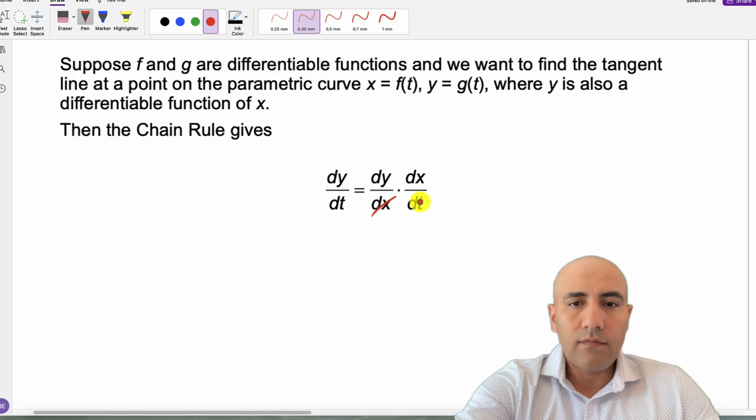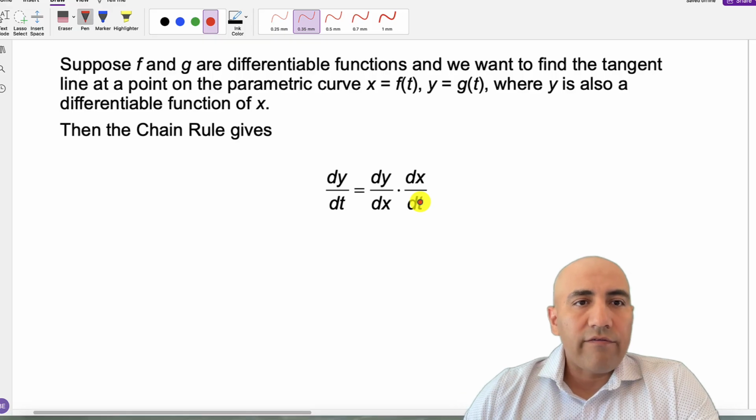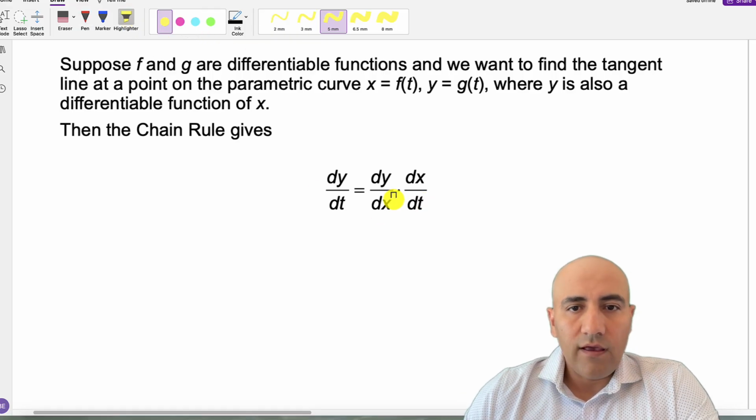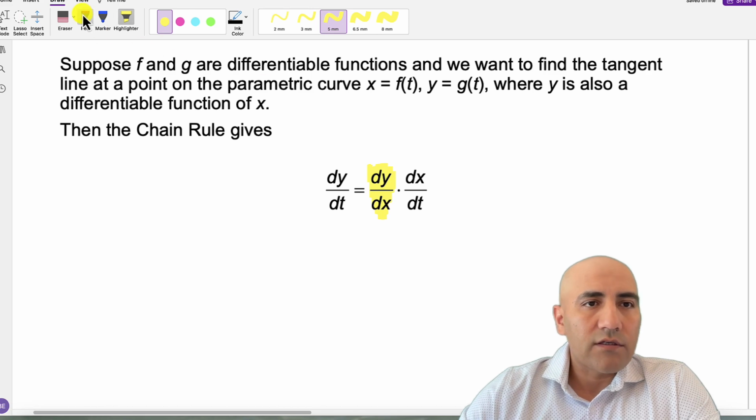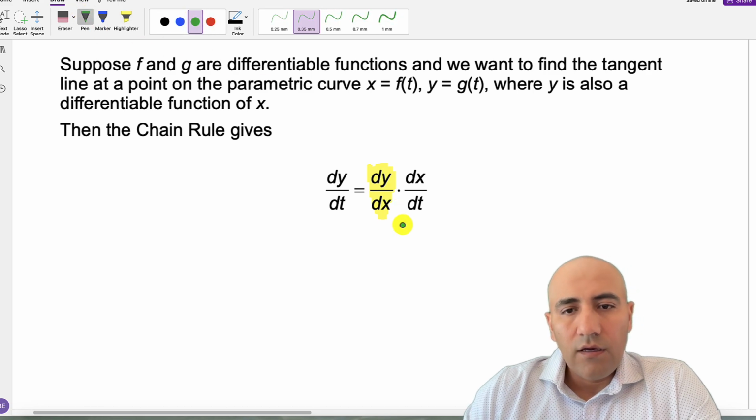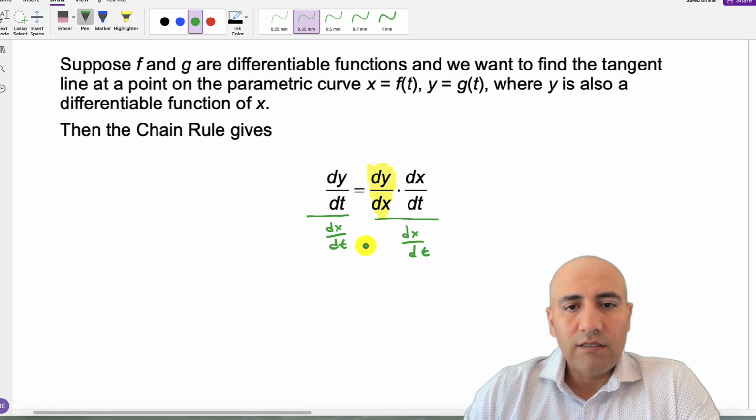Okay. Now, if we want to find dy/dx, we can divide both sides of this equation by dx/dt. So let's make it green. We divide this side by dx/dt, and divide this side by dx/dt, and that'll solve for dy/dx, right?